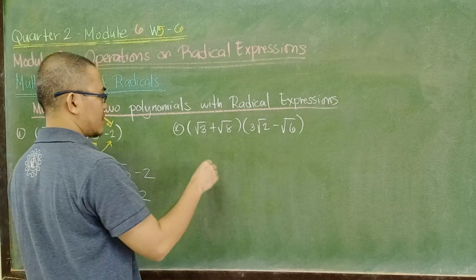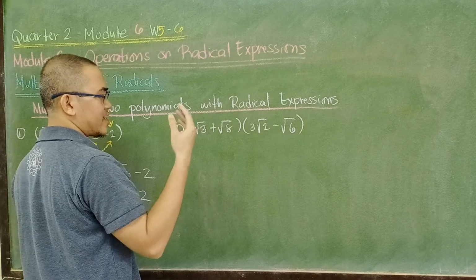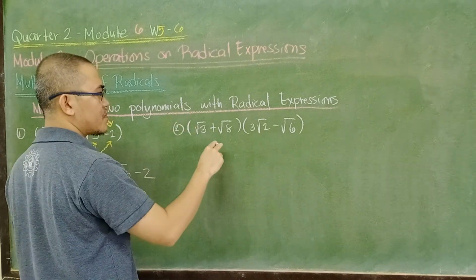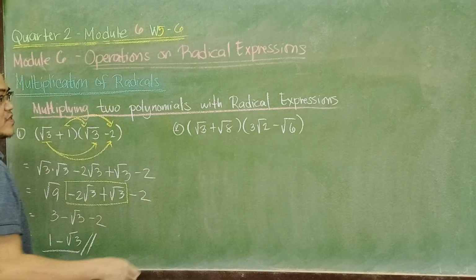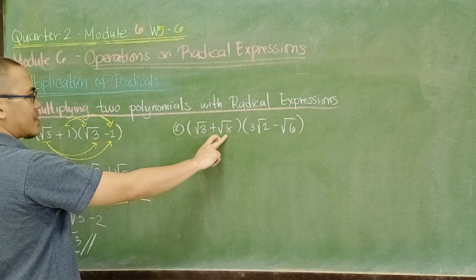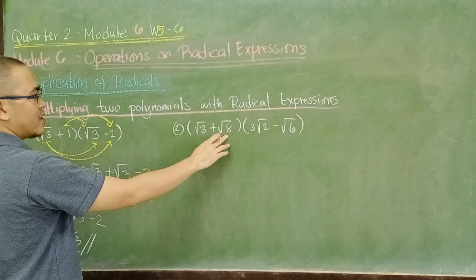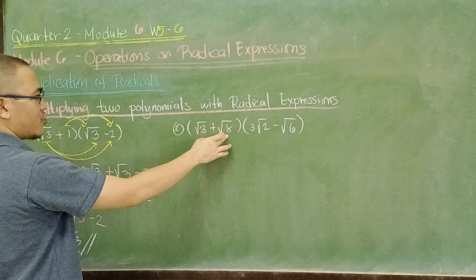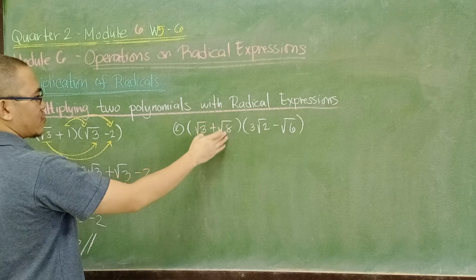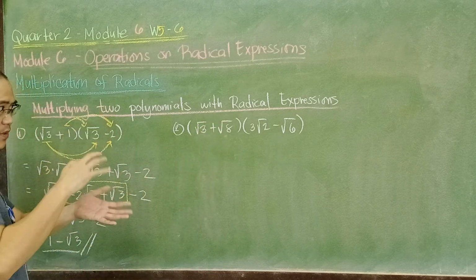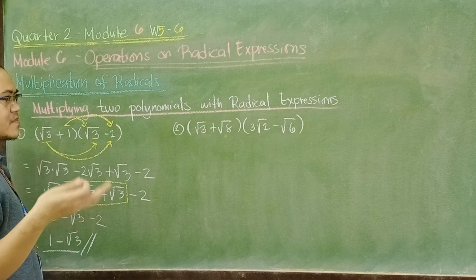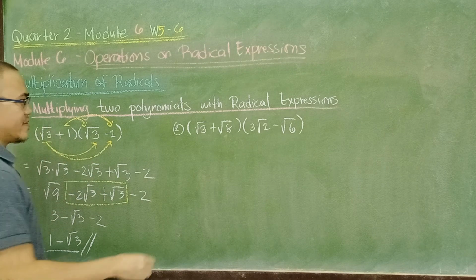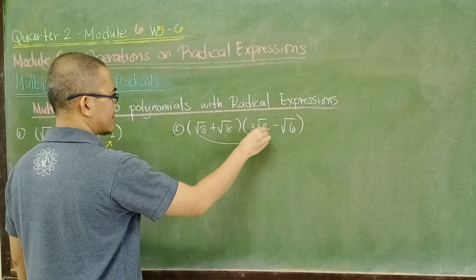Next, number 2, same procedure, distribution. So, if susundan natin yung nandun sa may module, you will just simplify this parang ganito. Pero I suggest na kunin mo na agad yung factored form o yung lowest term, yung simplest form ng square root of 8. Kasi mas bababa yung number. Pero in this case, sundan natin yung nasa may module natin. So, multiply this.